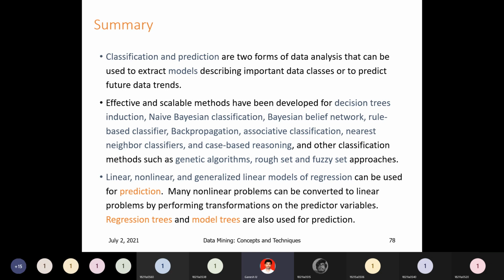Next, nearest neighbor classification. We have seen the K nearest neighbor classifier, KNN; using it you do classification. How to divide the data, how to find the nearest neighbors. You have seen an example based on student marks, compared with other students' marks.